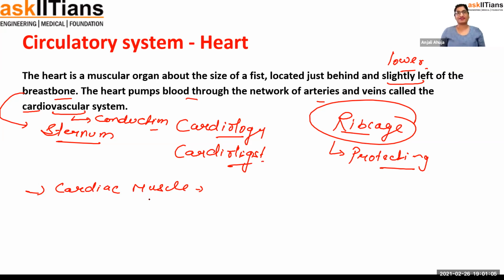Now, talking further about the heart. It is present in the center, slightly left of the breastbone, and only the lower side. The next thing is that the heart helps in the pumping of blood. It is not doing any filtration, because the heart is connected to the lungs. Suppose this is the heart, and I'll make a simple diagram, and these are the lungs.